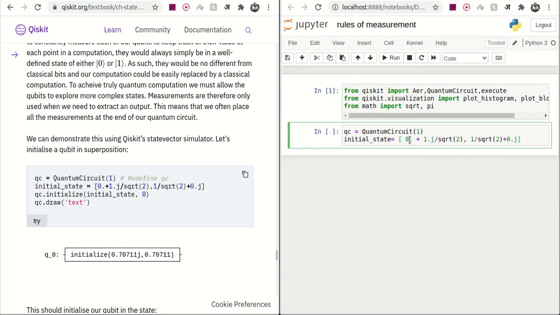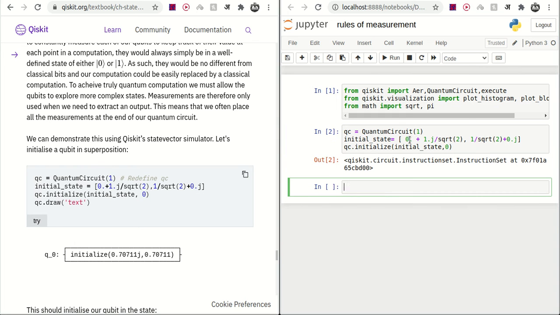So this is our initial state. We can initialize our circuit with this, initial state comma 0, so we can just see what our initial state is.